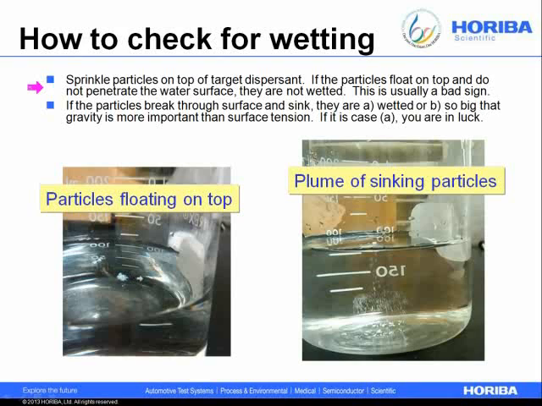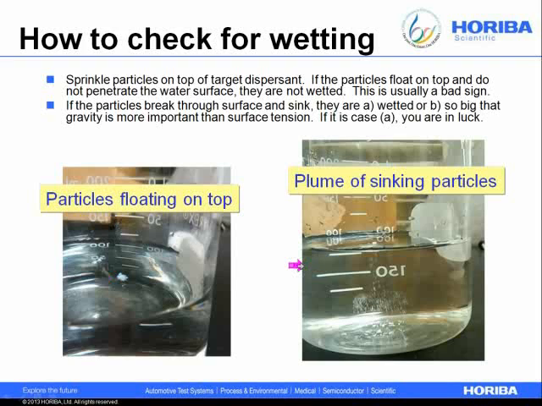So here you can see a beaker, and this is filled with water. I forget now what I put on top, but I put a little bit of powder on top, and it just clumped up and sat up there, being held up by the surface tension of the water. So I knew that I was in trouble.